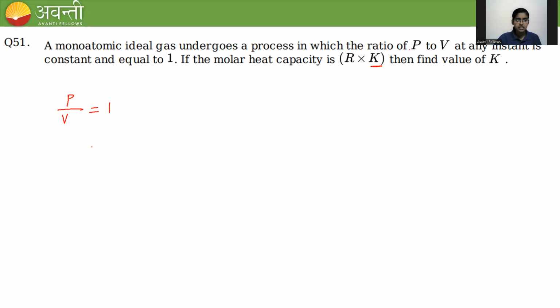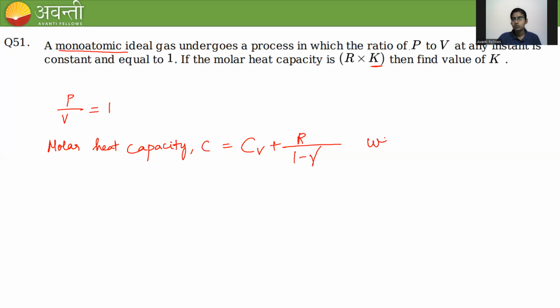So let me take the relation equation for molar heat capacity. The molar heat capacity, which is represented as C, is equal to, for a monoatomic ideal gas, Cv plus R divided by 1 minus gamma.